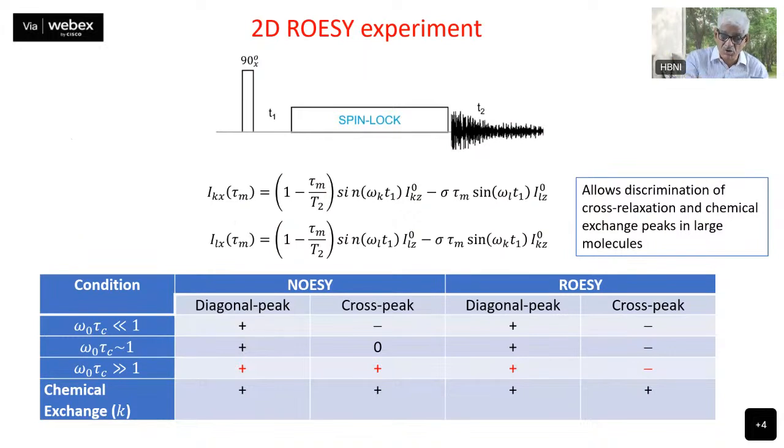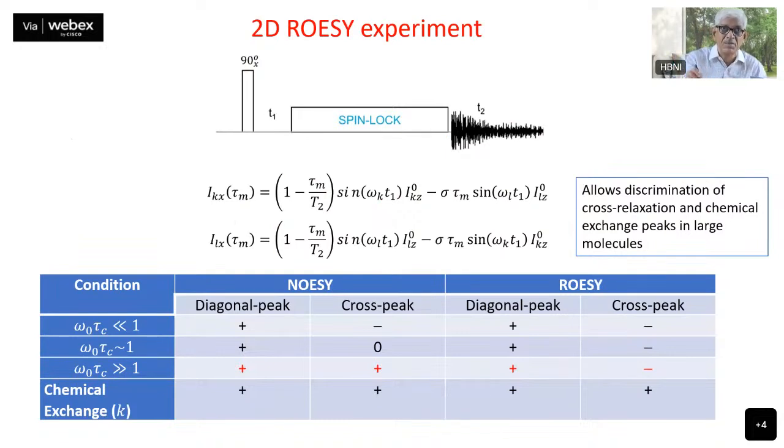So using the usual Solomon equations, we can calculate the transfer of the magnetization from one spin to another spin. I'm just giving the results here. So I_kx at the end of the tau m period is 1 minus tau m by T2 sine omega_k t1.